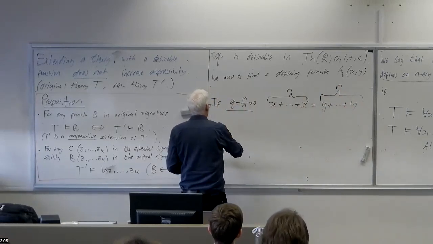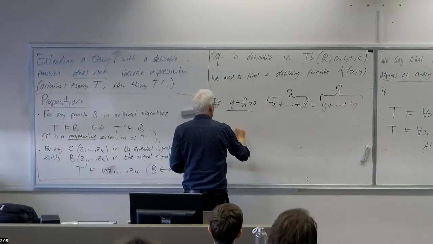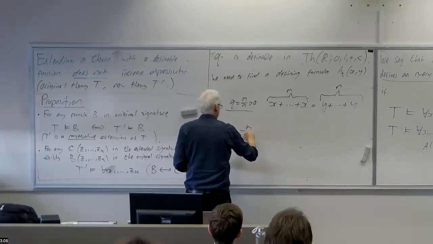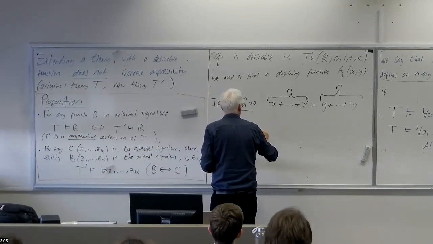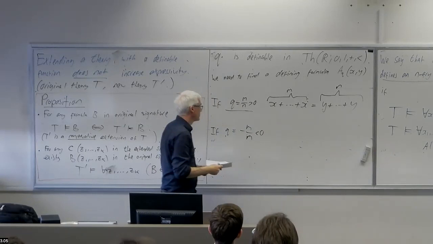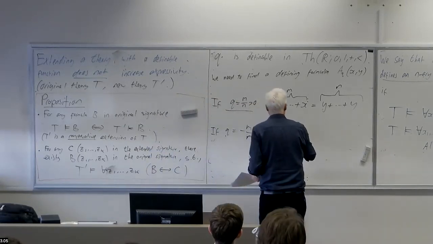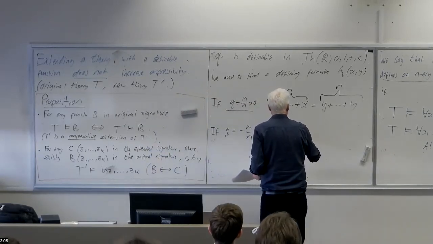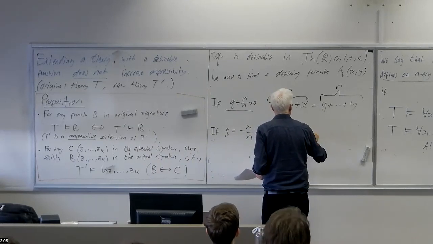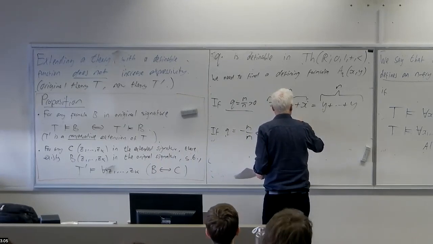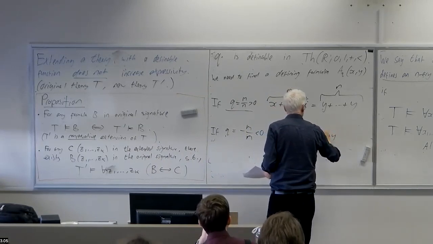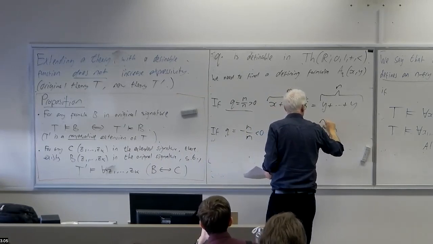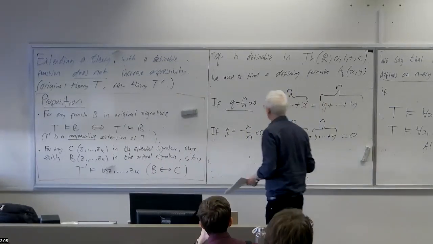And if q is minus m over n, which is less than 0, then we simply put the y's on the other side. So we just need to say x added to itself m times plus y added to itself n times equals 0.